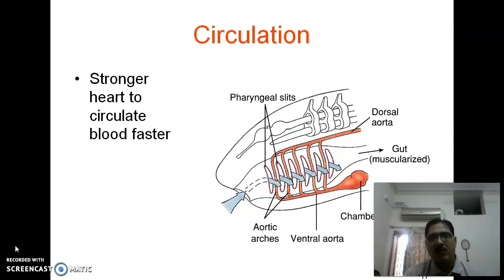As far as the circulatory system is concerned, they have a ventral pumping organ, a stronger heart which can pump the blood to complete body with greater speed.